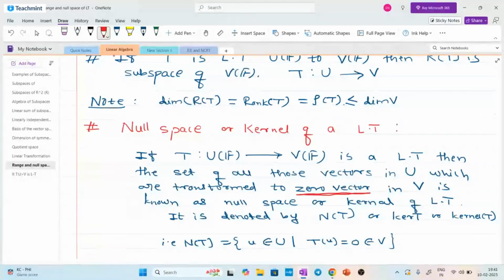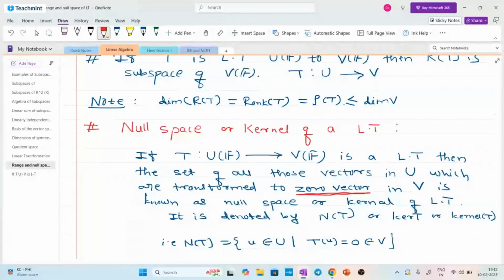Again I repeat this definition. If T from U to V is a linear transformation, then the set of all those vectors in U which are transformed to zero in V is known as the null space or kernel of the linear transformation.